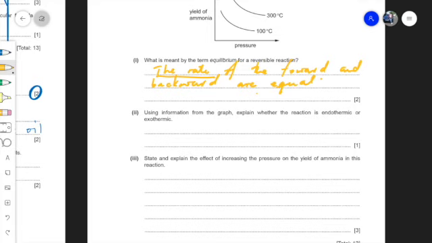I've left out something there, which is what? Reaction. The rates of the forward and backward reactions are equal, but the concentrations of the reagents, which are the reactants, remain constant.